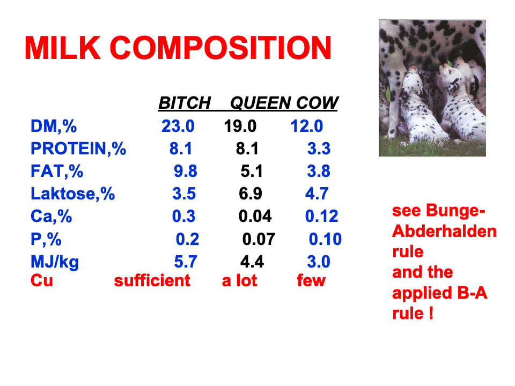The Bunge-Abderhalden rule tells that the concentration of the milk is species related, and the growth rate of the newborn positively correlates with the concentration of the milk. The applied Bunge-Abderhalden rule is that the milk replacer should imitate the original milk composition as close as possible.